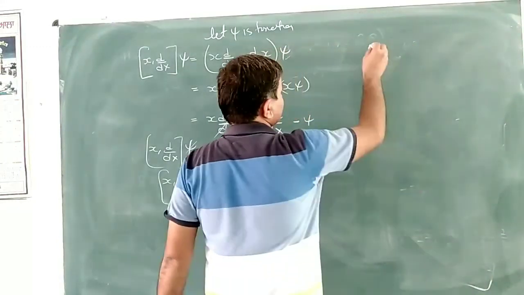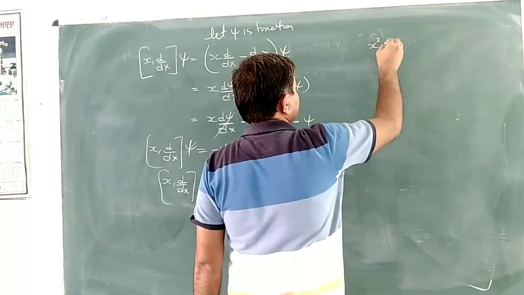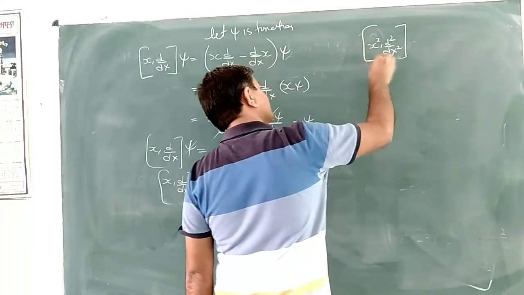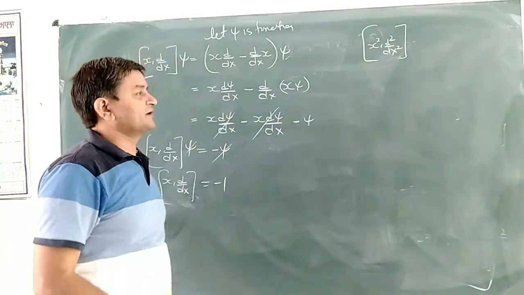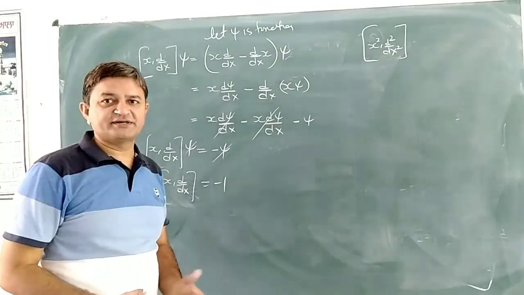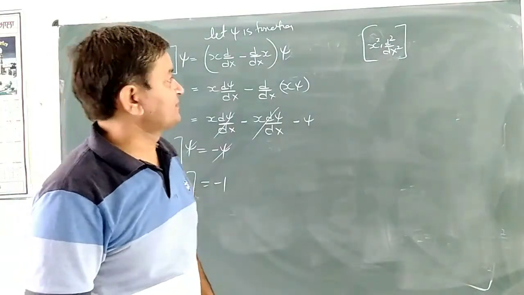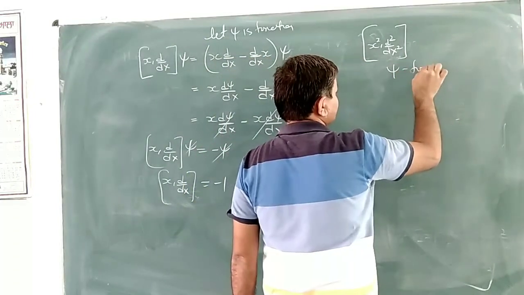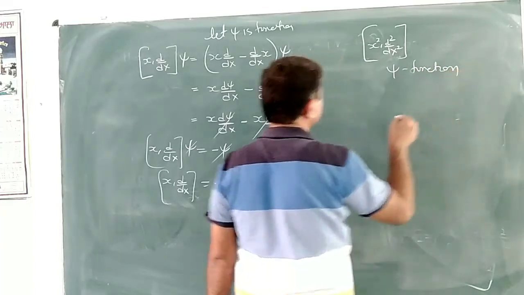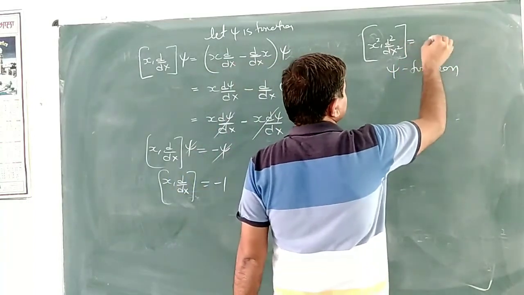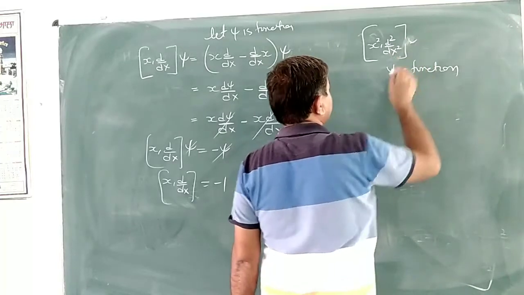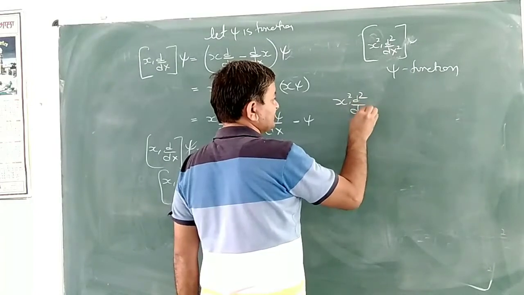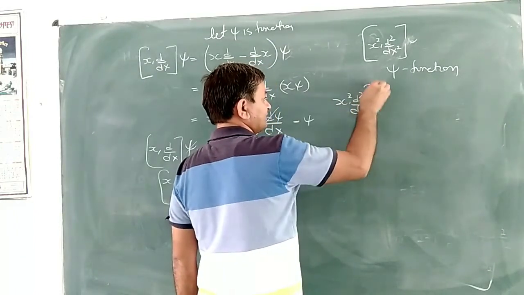After this, there is one more discussion: x squared d squared divided by dx squared. This is called the commutative operator. And the question that often comes in the paper is to evaluate the expression for this. So in that case, first we take psi as a function that will operate on this operator. So it is written as d psi upon dx squared, d squared divided by dx squared.